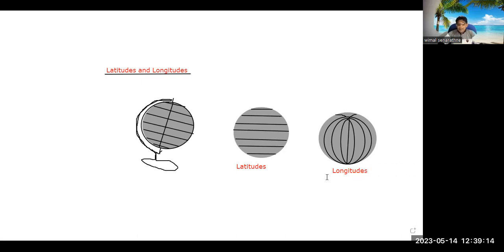Right. Then what do you know about these latitudes and longitudes? You must remember, on the model globe, on the geographical globe, there are lines between the North Pole and the South Pole. They are called longitudes.